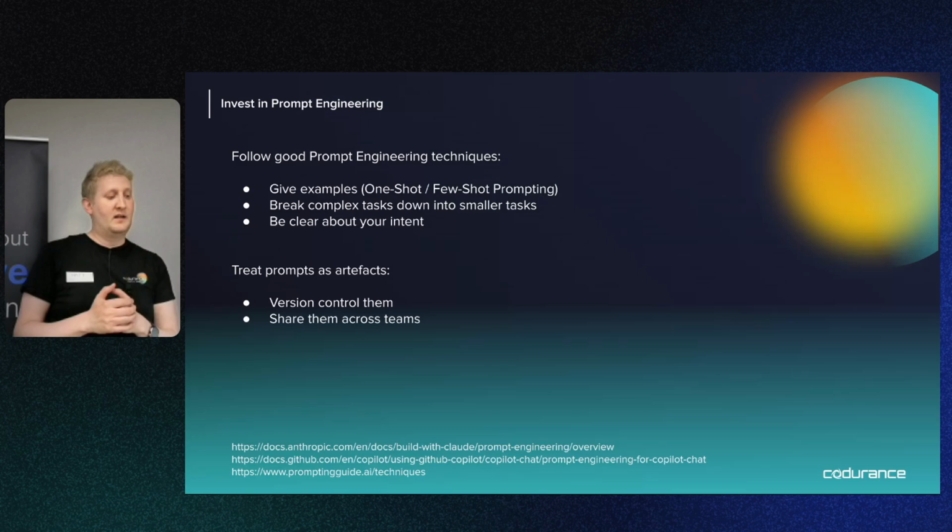So versioning those will be important, sharing them across your team, and having them sit either alongside the code base or in a separate repo of their own will be a common pattern that teams start to adopt. I recommend that as an approach worth following: versioning the prompts, sharing them across your teams, refining them as you go, and storing them alongside your code.